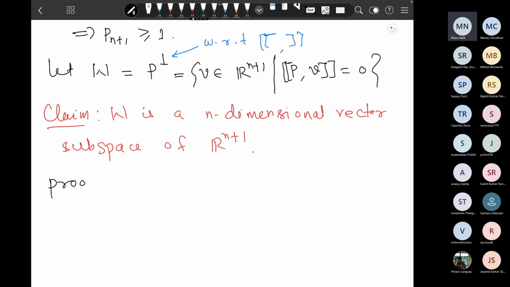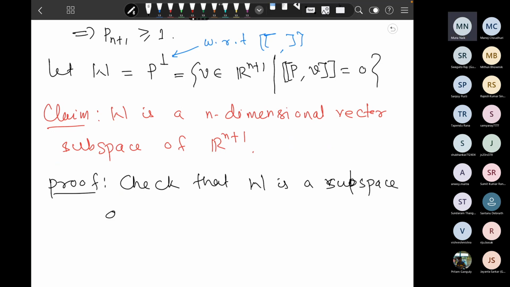Proof: check that W is a subspace of R^{n+1}. This is clear from the bilinearity property.